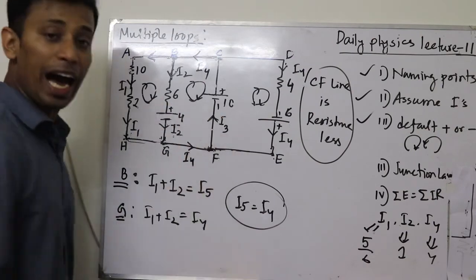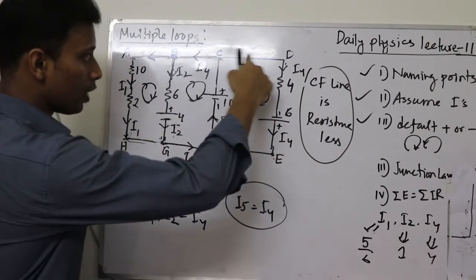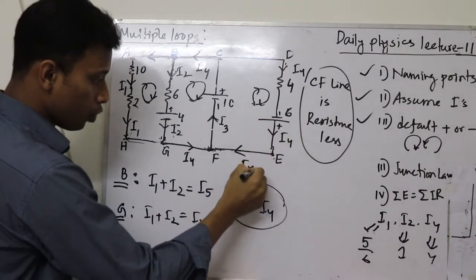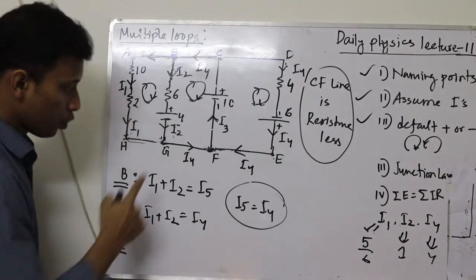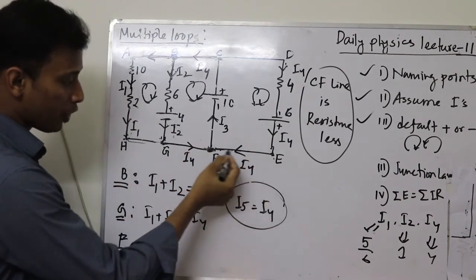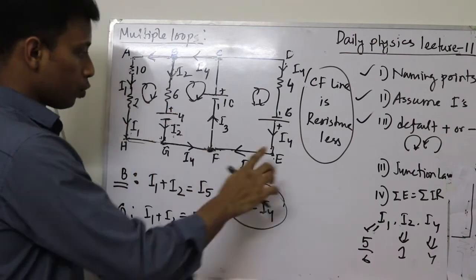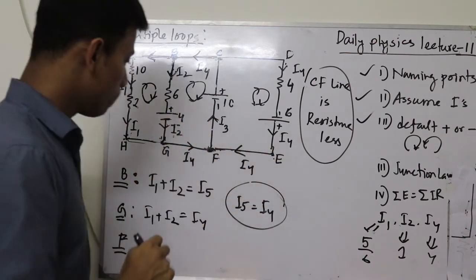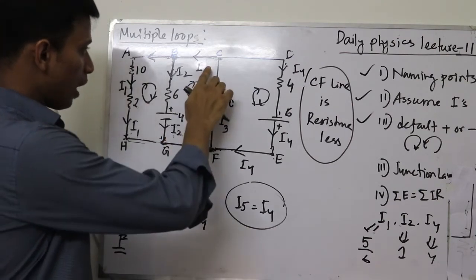Now, if you want to get I3, it's quite easy. That's I4, right? This is I4. So through junction F, we can write I4 is inward. Oh my god, we have two I4s, that's the problem. So let's assume these I4.